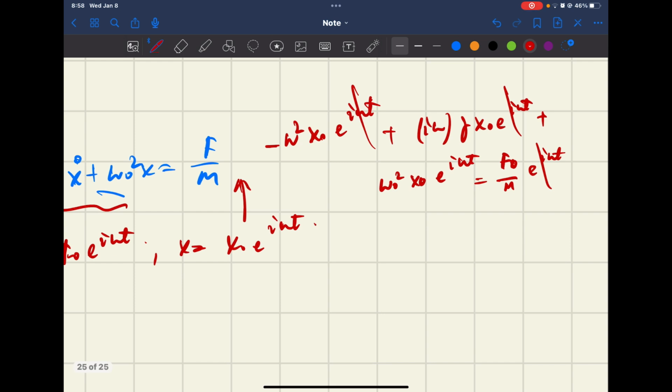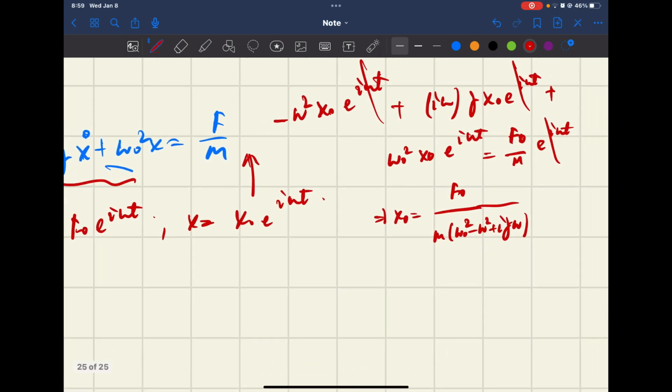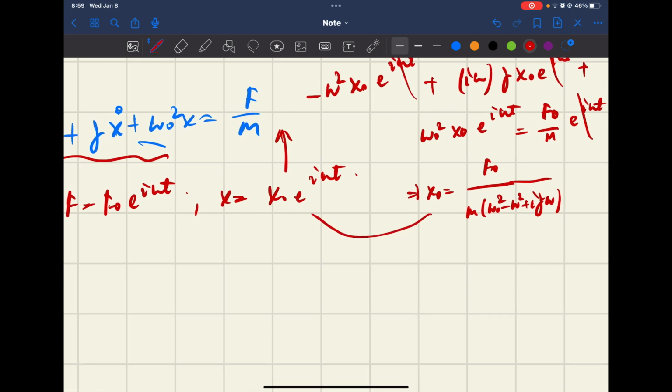And we can solve for x0 here. x0 equals f0 over m times omega 0 squared minus omega squared plus i gamma times omega. Okay, so that will be it.